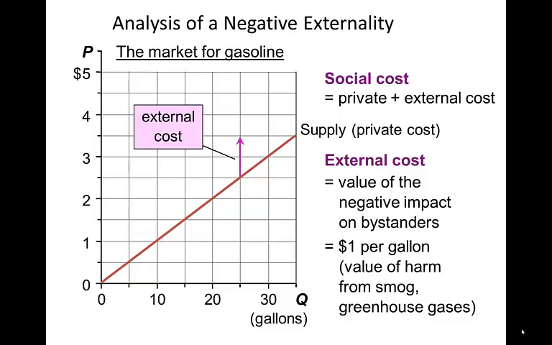We said this external cost was $1 per gallon. So what we can do is draw this new curve, which is $1 higher than the supply curve. This new line represents the total cost to society of gasoline.